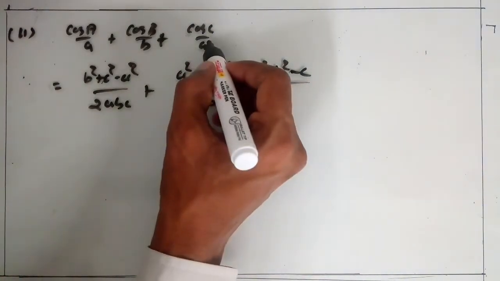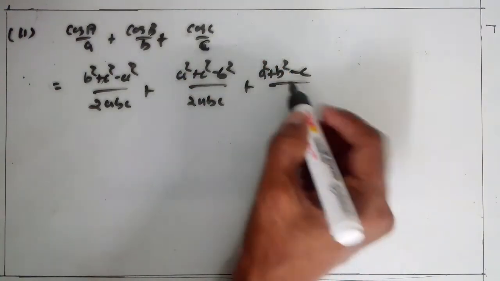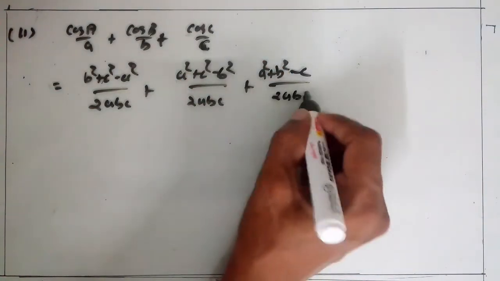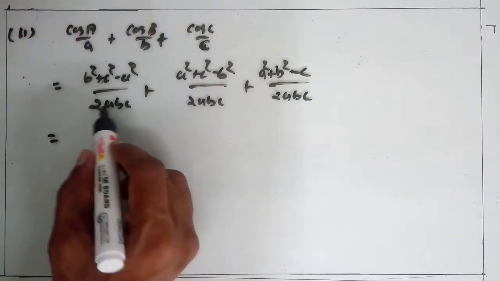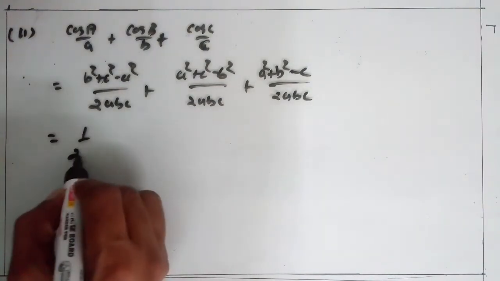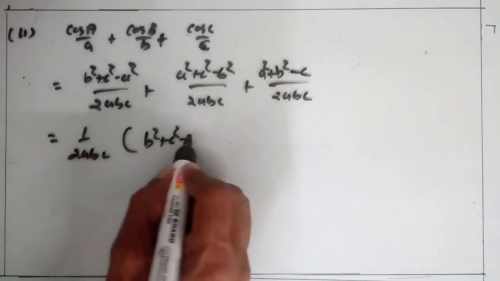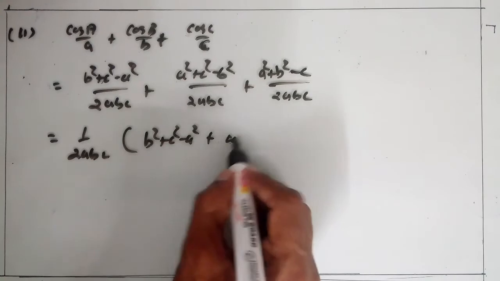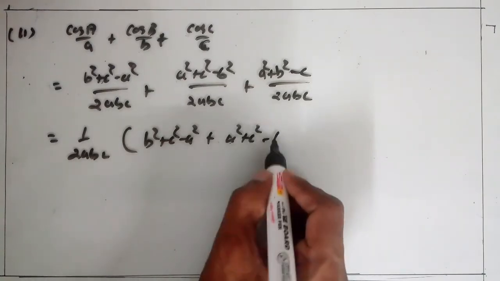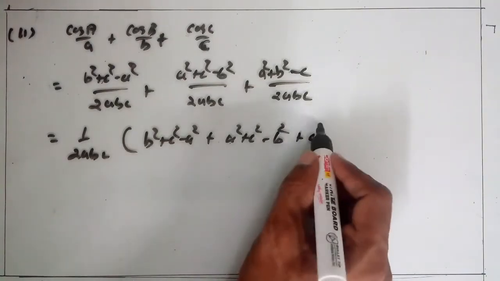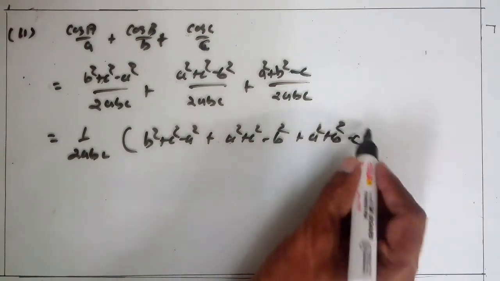Here this term c is given already, so 2abc. Clear? So it is equal to 2abc, take common. So 1 upon 2abc, in bracket (b square plus c square minus a square) plus (a square plus c square minus b square) plus (a square plus b square minus c square).